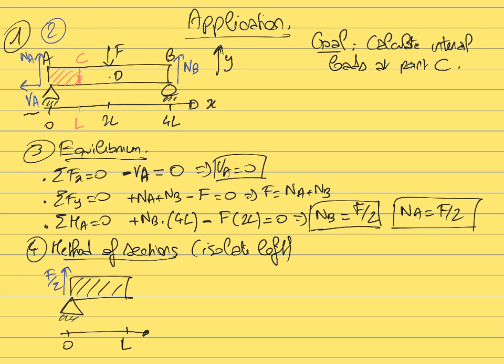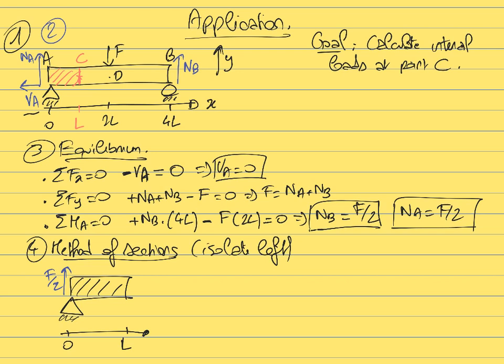So because we are isolating the left, the right becomes part of the exterior. It becomes a fixed support to the left. So it will create some new reaction support that we need to add. And those reaction supports will be the internal loads that we want to calculate in this case.